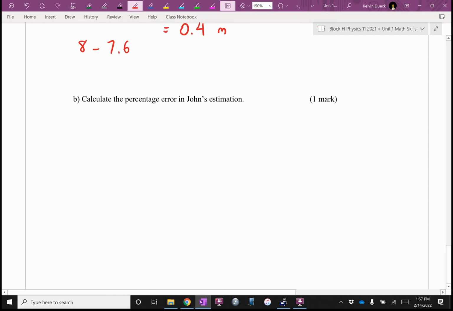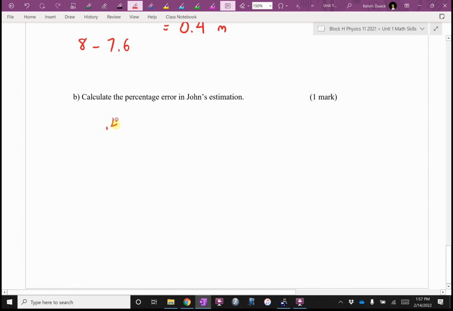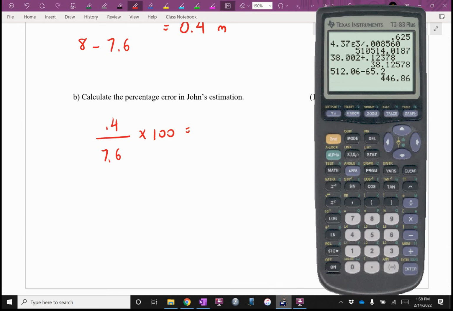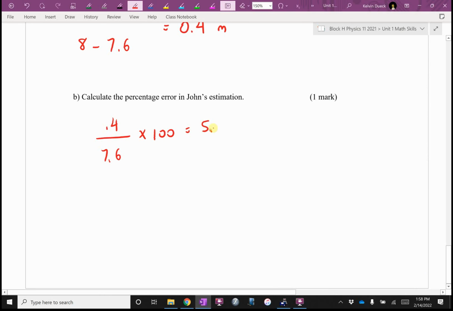And then the percentage error is going to be 0.4 divided by the correct answer, 7.6. And then times 100 to change it into a percentage. And I get 5.263. I would take 5.3. I usually go for percentages to 2 decimal places, so I'm going to go 5.26%.